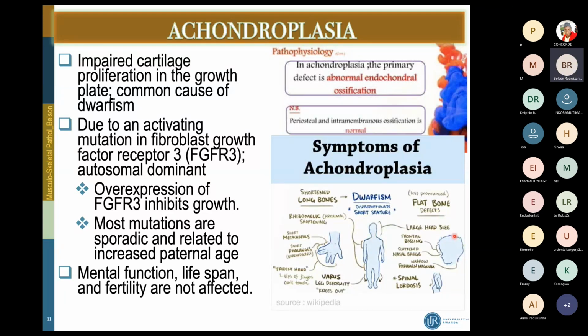But these people will have large head size, frontal bossing, flattened nasal bridge, a narrow foramen magnum, and so on. Spinal lordosis and varus leg deformities. If you have seen these people who are very short, they usually have all these symptoms listed here. So this would mean that probably most dwarfs are dwarf because of achondroplasia.